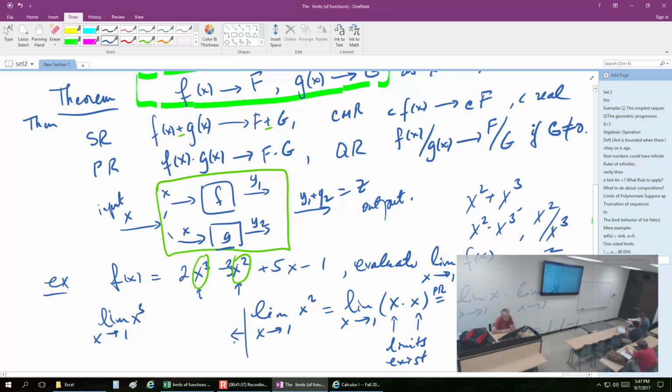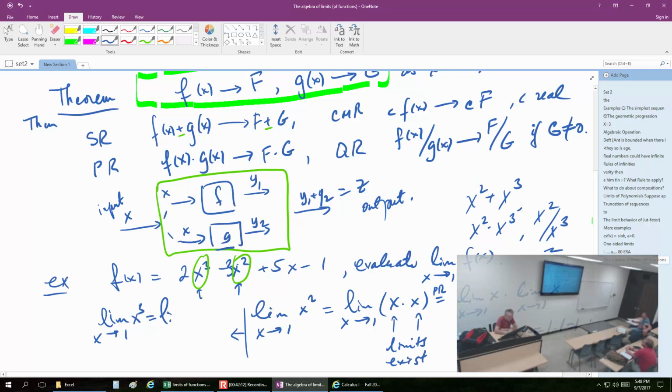From that, I could proceed and find the limit of x cubed. How do I find the limit of x cubed? Would it be the same way, except x times x times x? I could. You definitely could. I was thinking that you break it into 2, so I could apply the product rule. I could break it into x squared and x. We just took care of x squared, right? So we already know its limit.